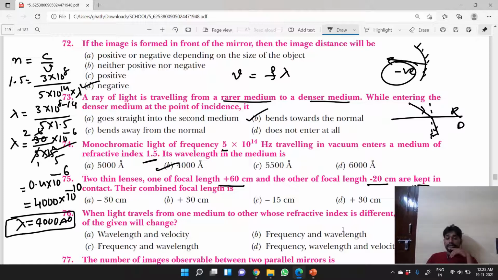So calculation we will put here: 1 by 60 minus 1 by 20. 60 LCM, 1 times, 3 times, is minus 2 by 60, 1 by 30 we are getting, minus. So F is equal to minus 30 centimeters, which is nothing but the resultant focal length.